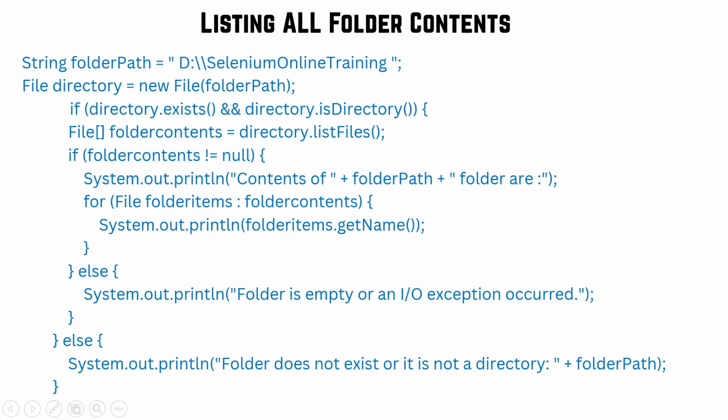I can give some path this way, or you can use the File class directly, that would not be a problem. After that, again you can give the condition, like a boolean value, or you can give it directly.